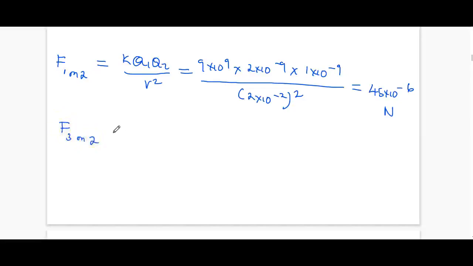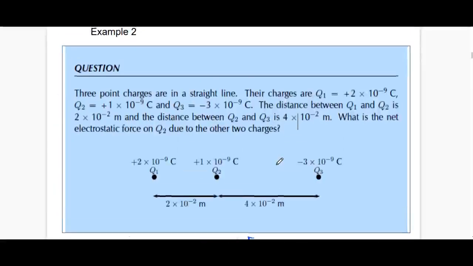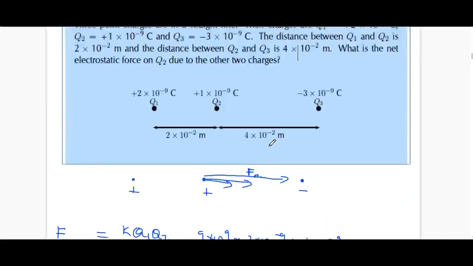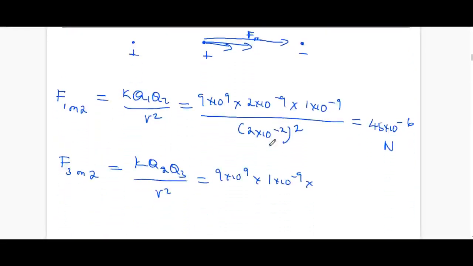F3 on 2 will be given by K Q2 Q3 divided by R squared. 9 times 10 to the power 9 times 1 times 10 to the power minus 9, yes, because it's nanocoulombs, times Q3, that is 3 times 10 to the power minus 9.